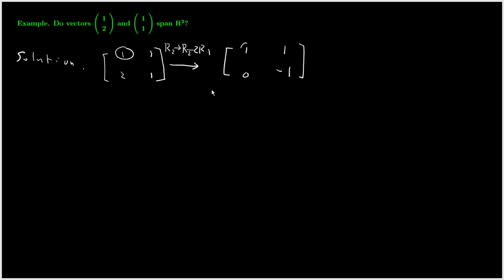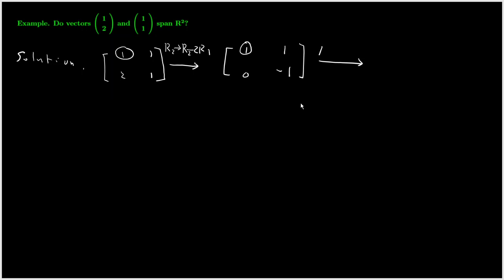This leading one of row 1, this location is never going to be changed anymore. So do not change that number for the rest of the operations we are going to perform. The next thing we do is to make the leading one of row 2. We want to make this location 1, right? To achieve that, we multiply row 2 by the non-zero number -1.